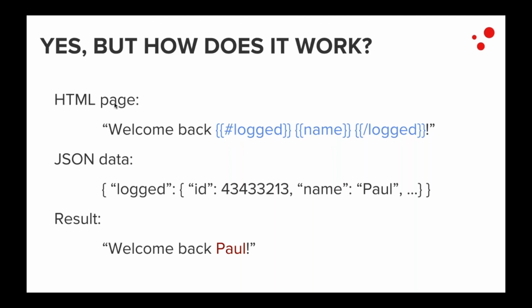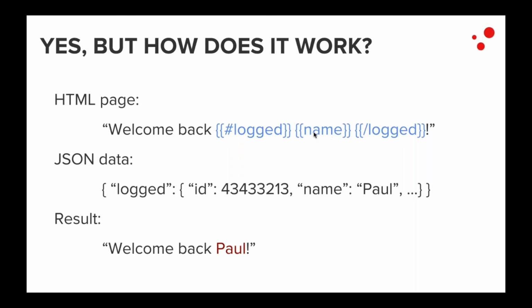Let me explain this. So the HTML page, this one says, welcome back, and then the Mustache syntax starts. And in this specific case, it says, if there is a logged field within the JSON file I've provided you, then go and check if we also have a name field in there.